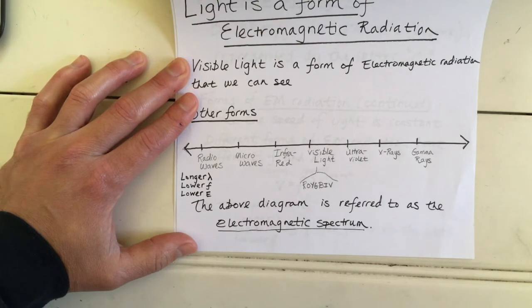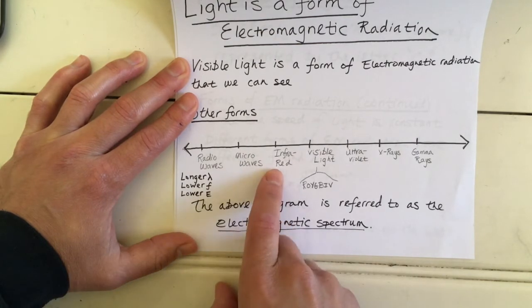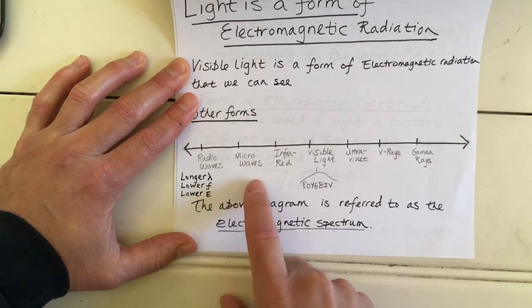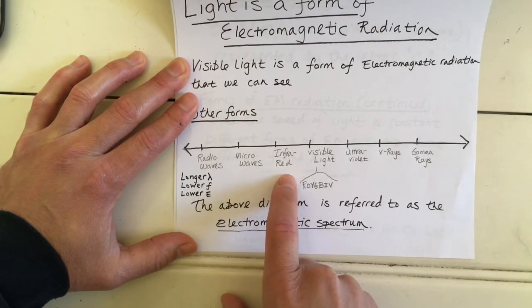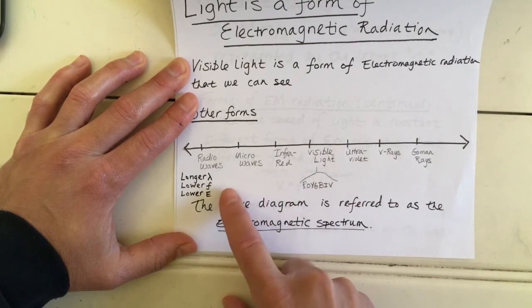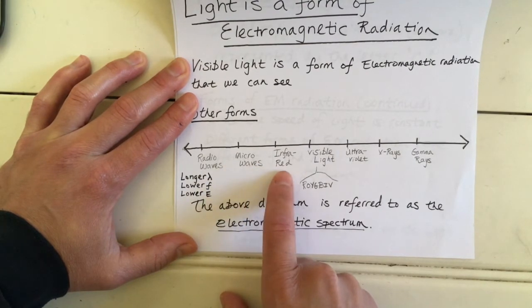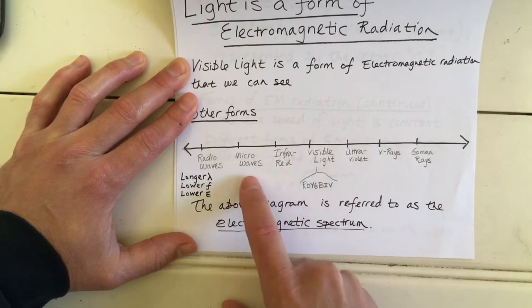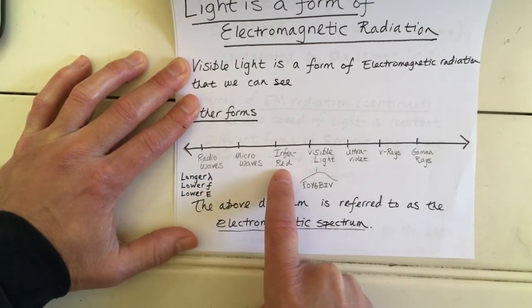So I know if I was comparing, say, infrared light with microwaves, I would be able to say that microwaves would have less energy than infrared light. Or I could say that microwaves have a longer wavelength than infrared light. Or I could say that microwaves have a lower frequency than infrared light.